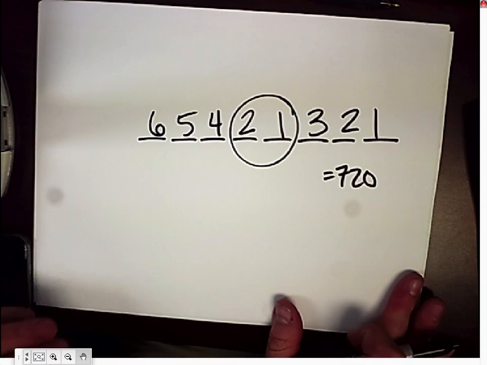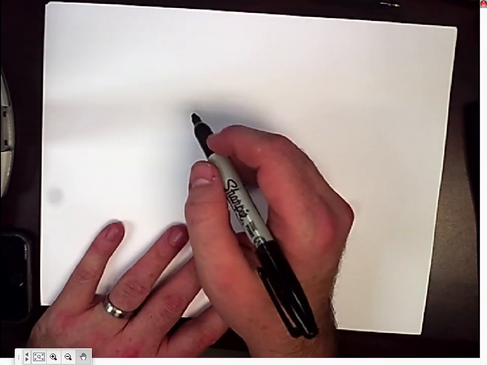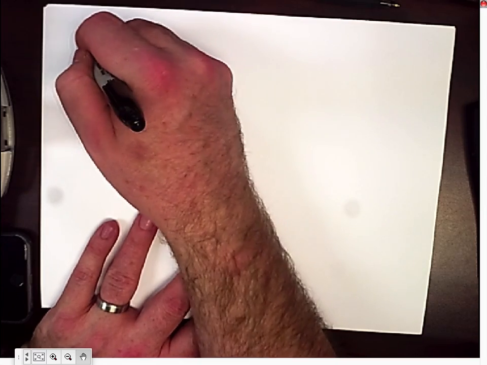Okay? Now, number 12 is the one that gets us thinking differently because it's kind of like a permutation and it's kind of like a combination. Okay? So, 12.